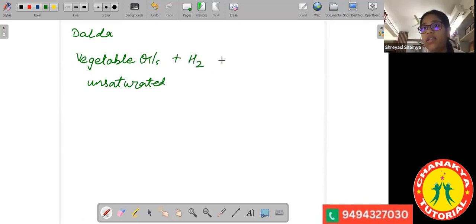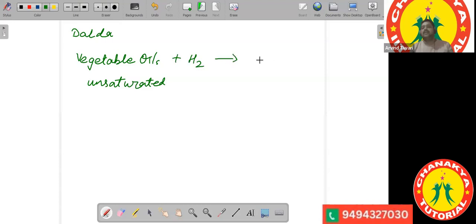Vegetable oils are unsaturated. Dalda is made from vegetable oil, and this will be saturated. It is a saturated hydrocarbon.